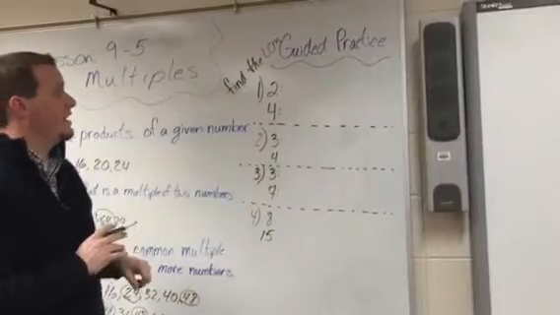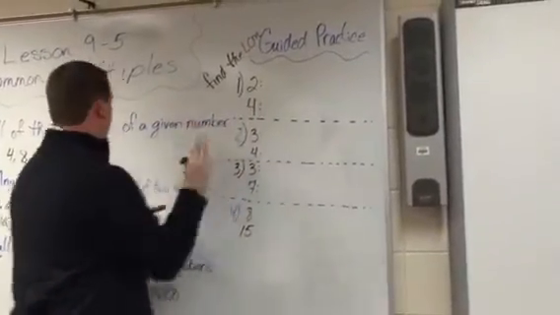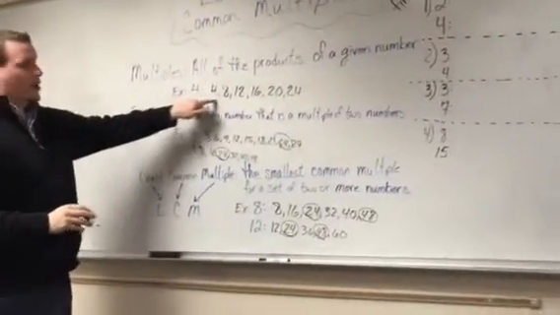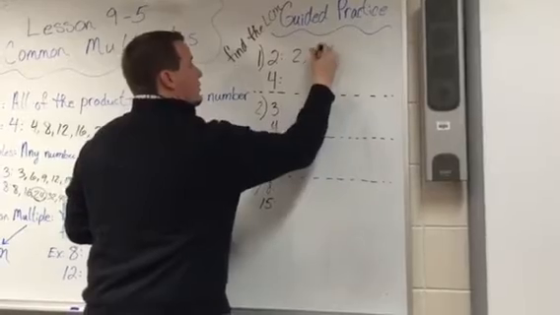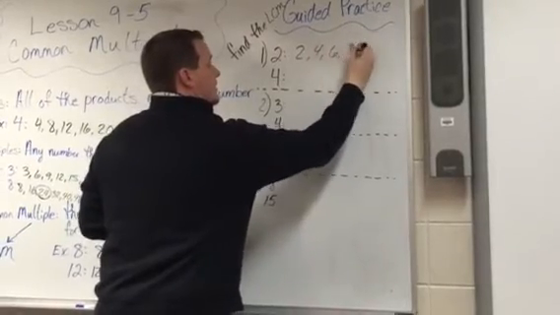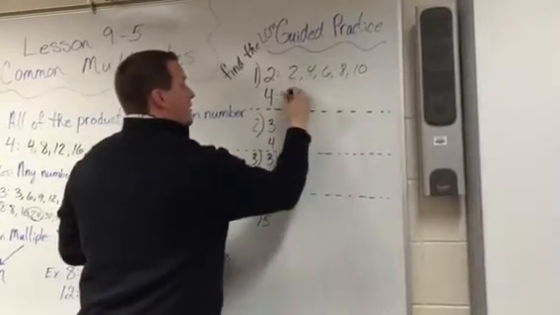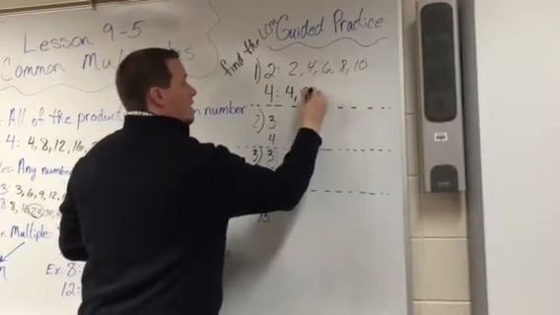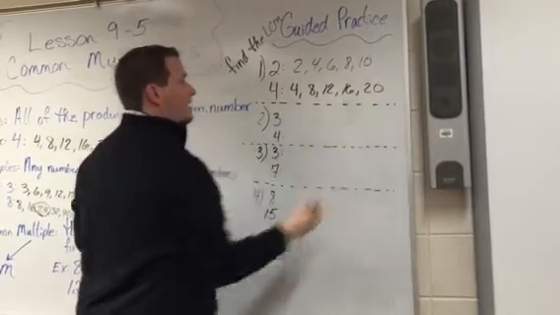We're going to find the LCM of 2 and 4. So I'm going to start out just like I did over here, finding all of the multiples of both 2 and 4. 2, 4, 6, 8, 10, and again it keeps on going. 4, 8, 12, 16, 20.